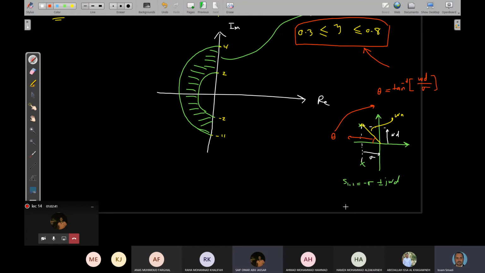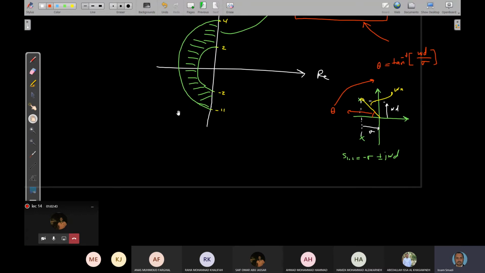And you know that tan is equal to sine over cosine. You know that tan theta is equal to sine theta over cosine theta. So from here we know that sine theta is equal to omega d, and cosine theta is equal to sigma.